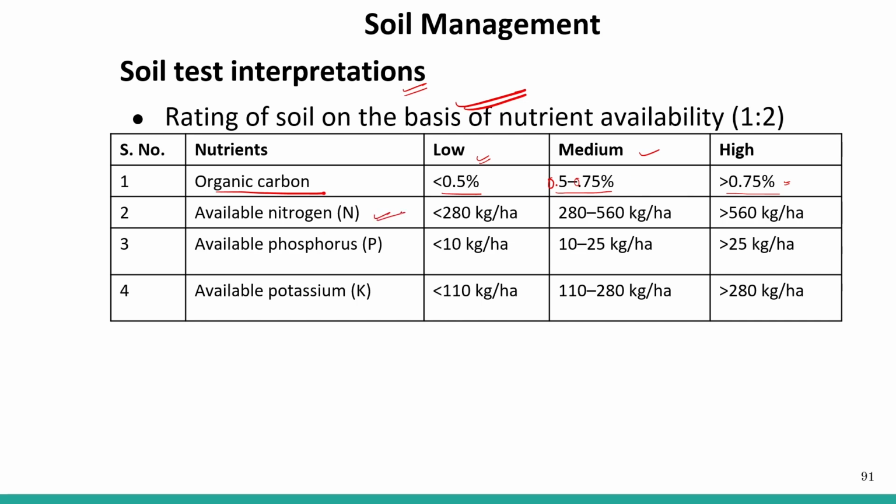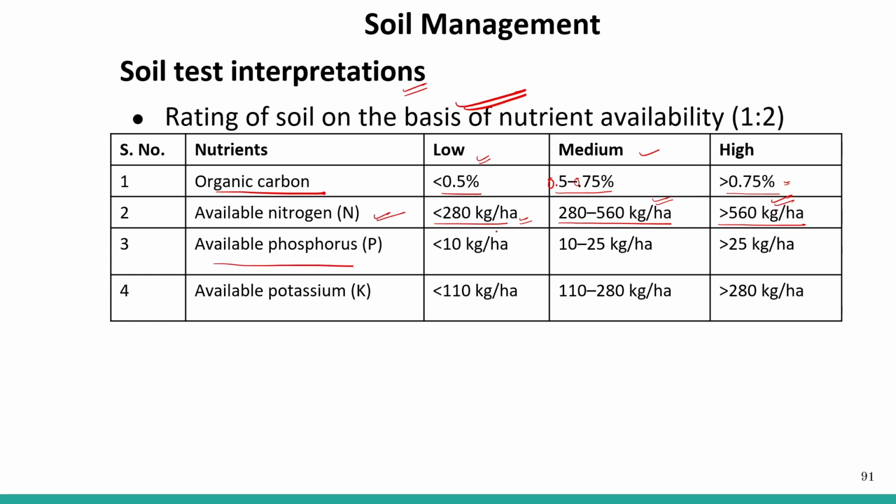Available nitrogen: less than 280 kilogram per hectare is low nitrogen content. Between 280 and 560 kilogram per hectare is medium, and above 560 kilogram per hectare is high.